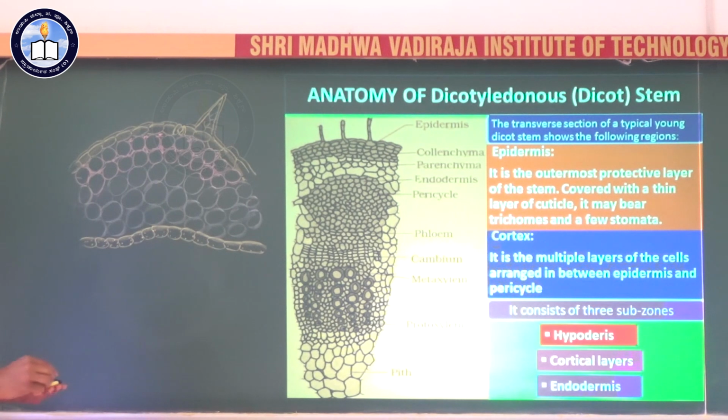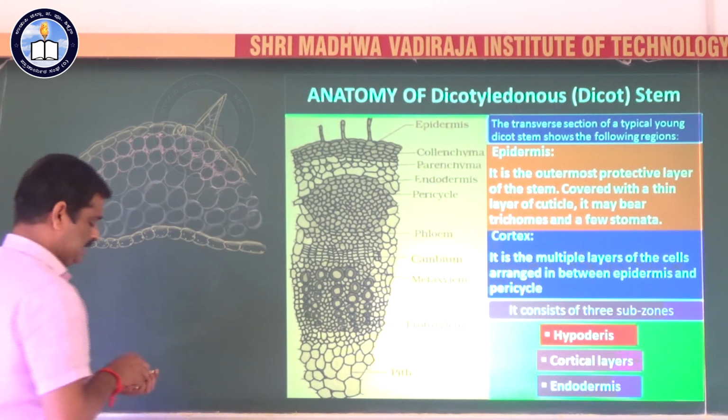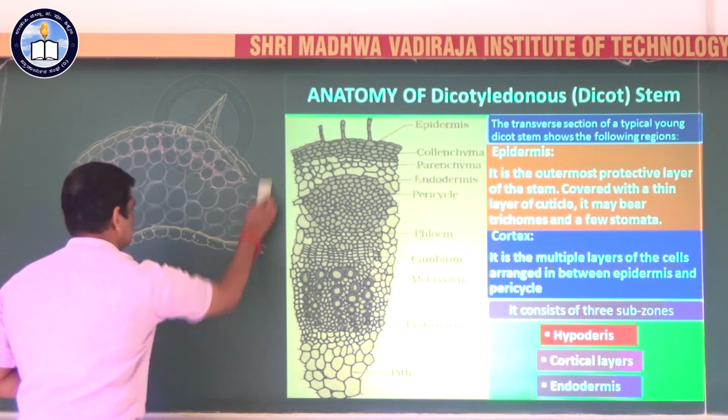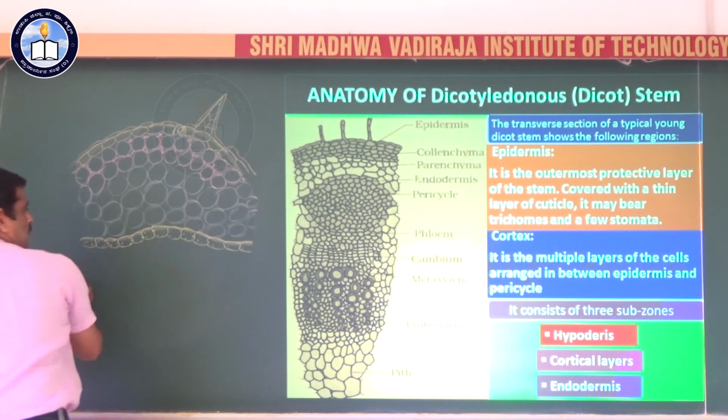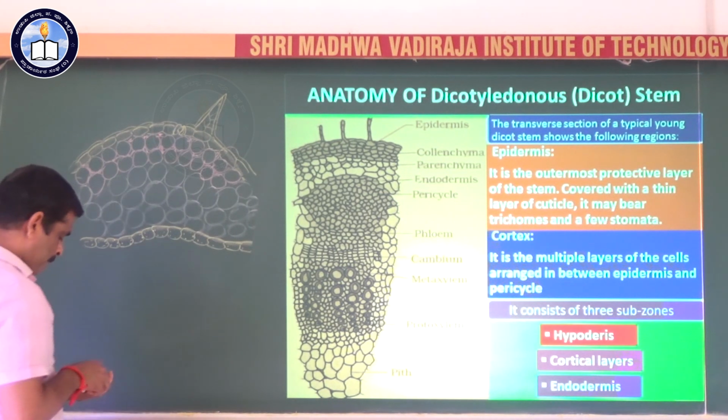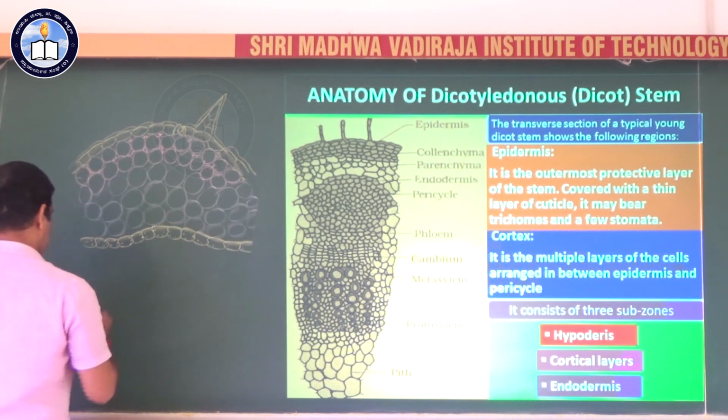Inside the endodermis, the region that we refer to as the stellar region, consists of the vascular bundle.